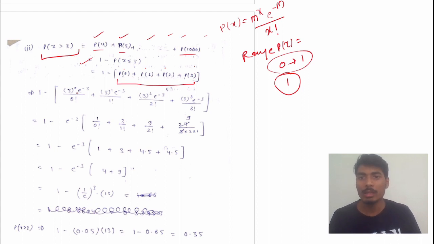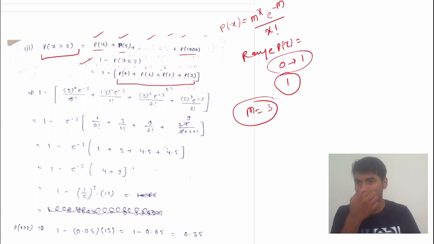So 1 minus, we know the value of m. In the question they give m equal to 3, and P of 0 means here x equal to 0. So 3 power 0, e power minus 3, by 0 factorial, plus, now the value of m is the same for x equal to 1, x equal to 2, x equal to 3.